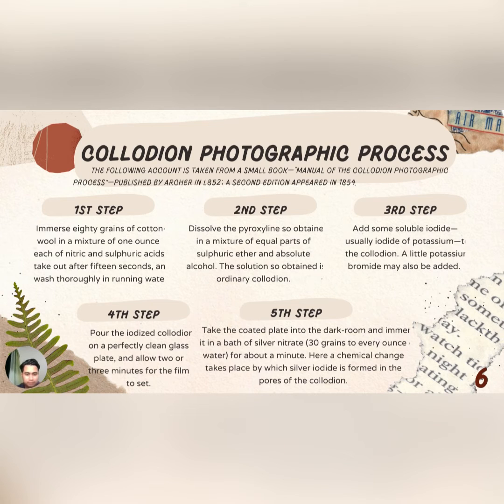The last step: take the coated plate into the darkroom and immerse it in a bath of silver nitrate, 30 grains to every ounce of water, for about a minute. A chemical change takes place by which silver iodide is formed in the film of the collodion.